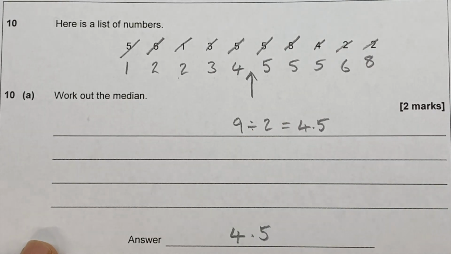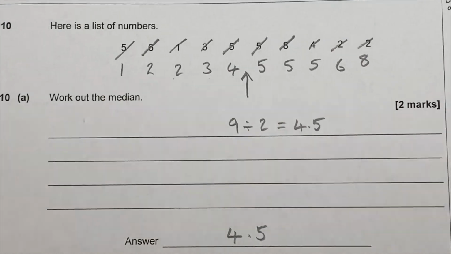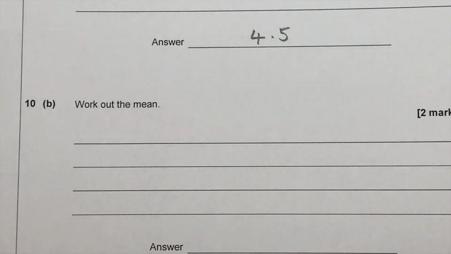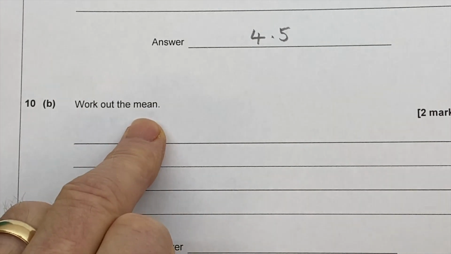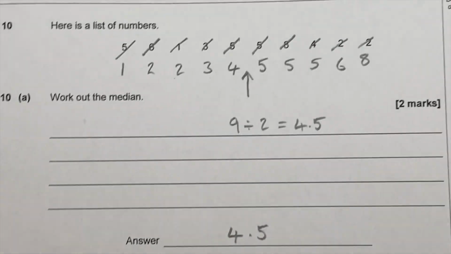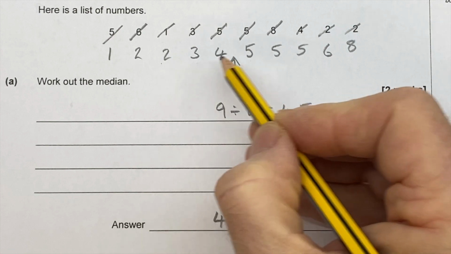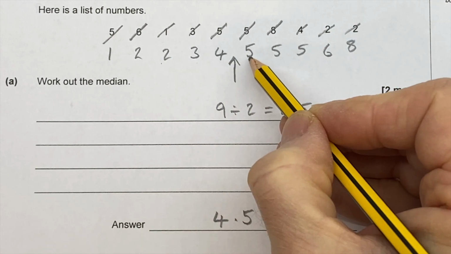There's the median. Now, the next part of the question says, work out the mean. So what we've got to do is to add all those numbers together and then divide by 10. To find the mean, add up all the numbers, divide by 10. So let's look at the numbers again. 1 add 2 is 3, 4, 5, 6, 7, 8, 12. 12 add 5 is 17.